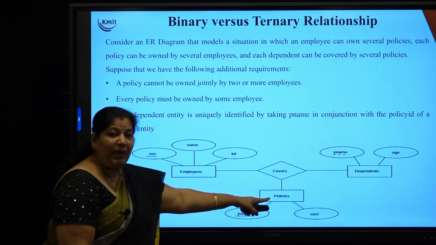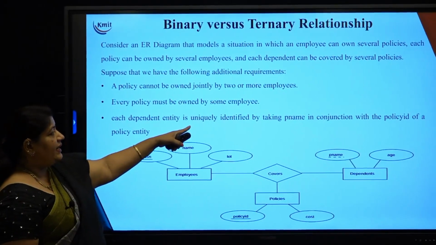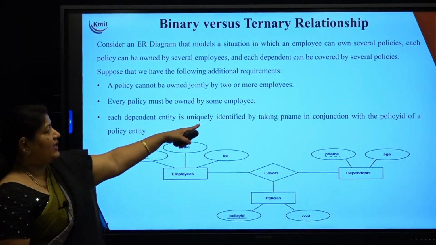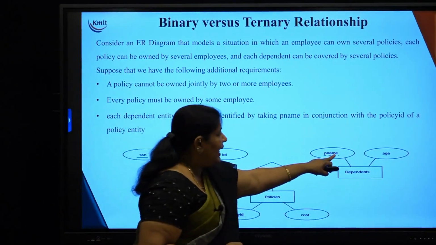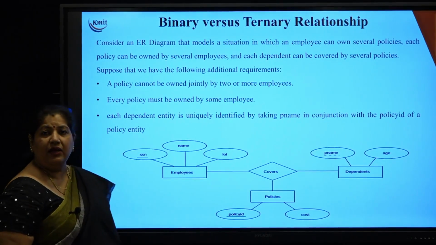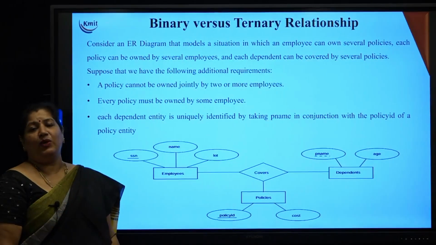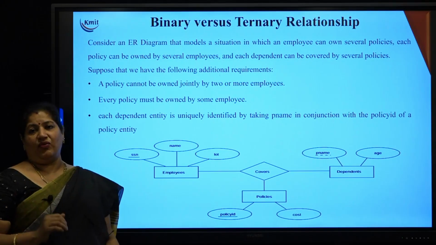So, you should have a mandatory participation here, or each dependent entity is uniquely identified by taking the policy name in conjunction with the policy ID of the policy entity. So, when I look into this kind of situation, a simple ternary may not satisfy.